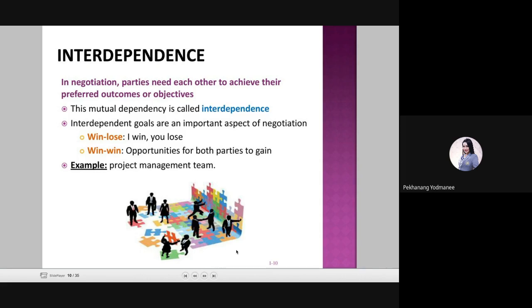Most relationships between parties may be characterized in one of three ways: independent, dependent, or interdependent. Independent parties are able to meet their own needs without the help and assistance of others.